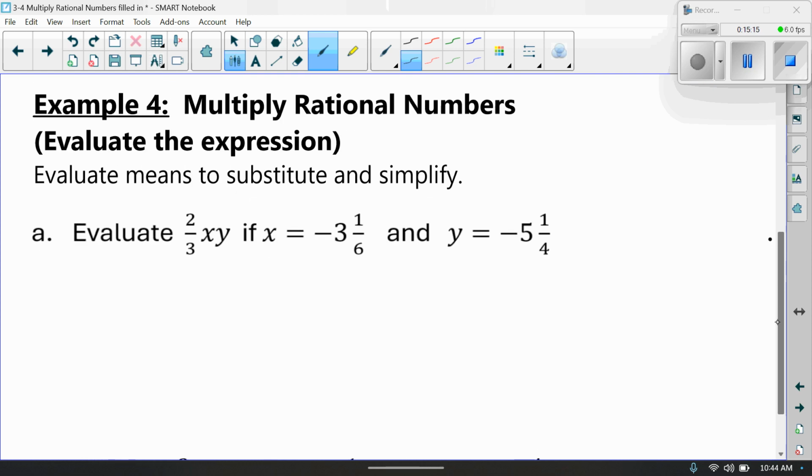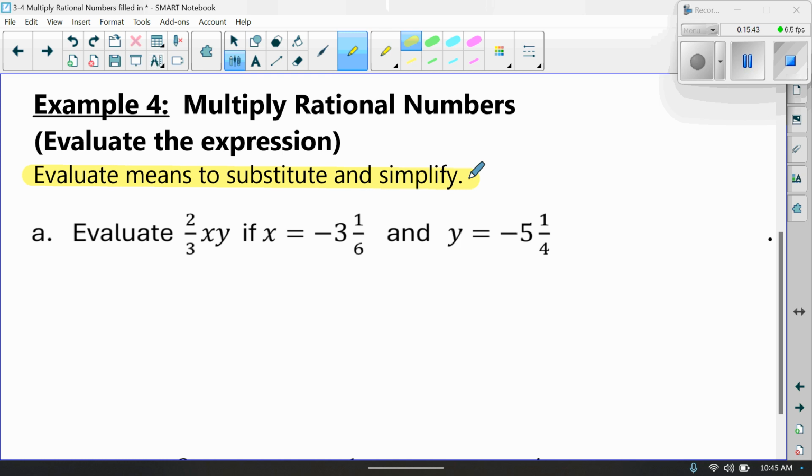Evaluate means to substitute and simplify. You guys know what substitute means? It means to put a number in for a letter. You with me? And then simplify means that we're just going to do what we did in the previous examples. Okay?